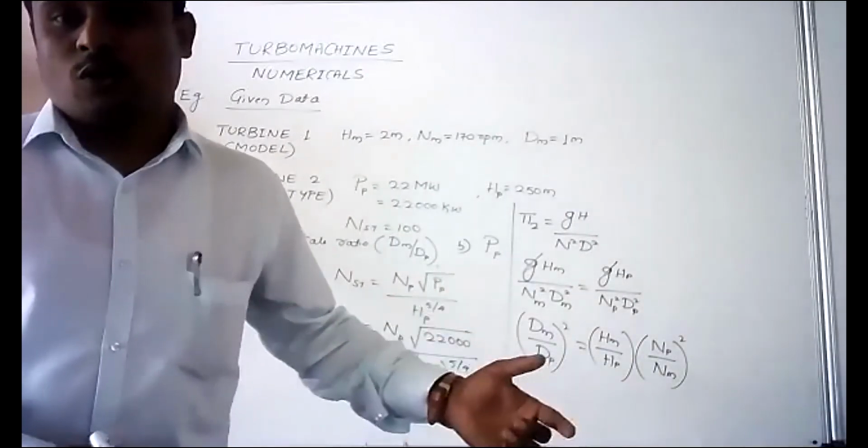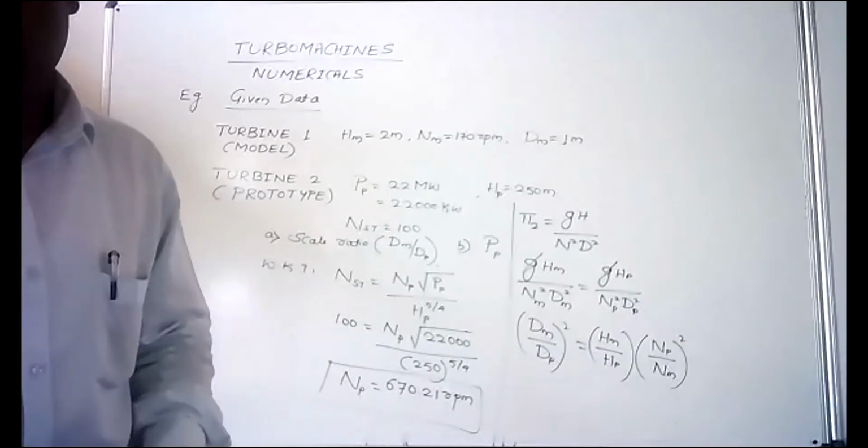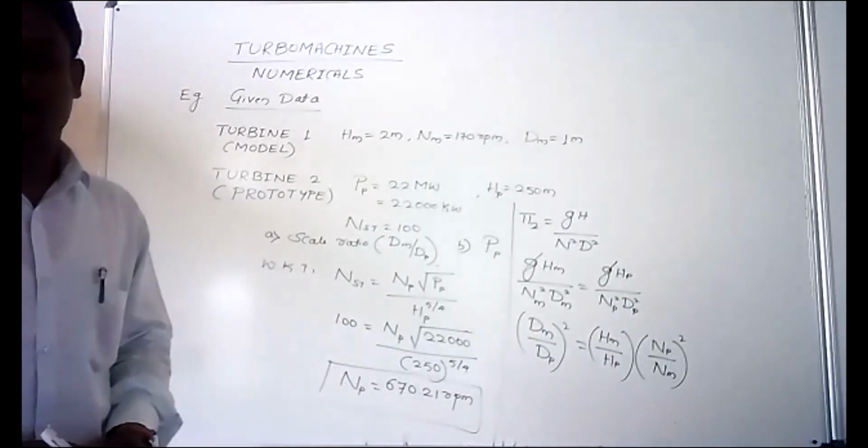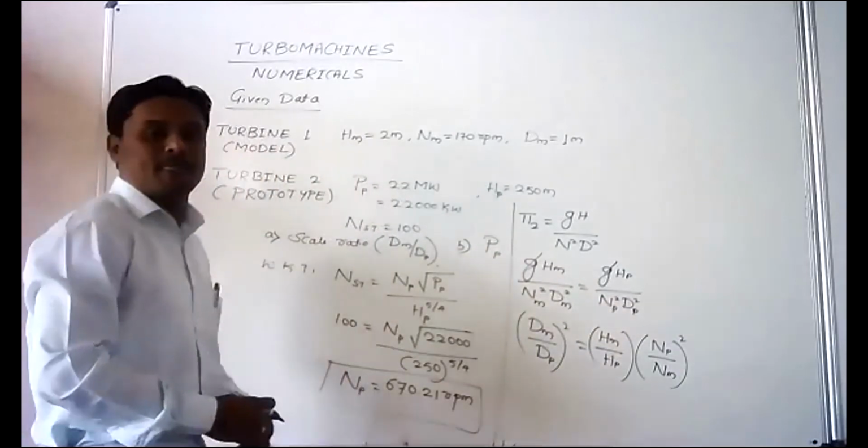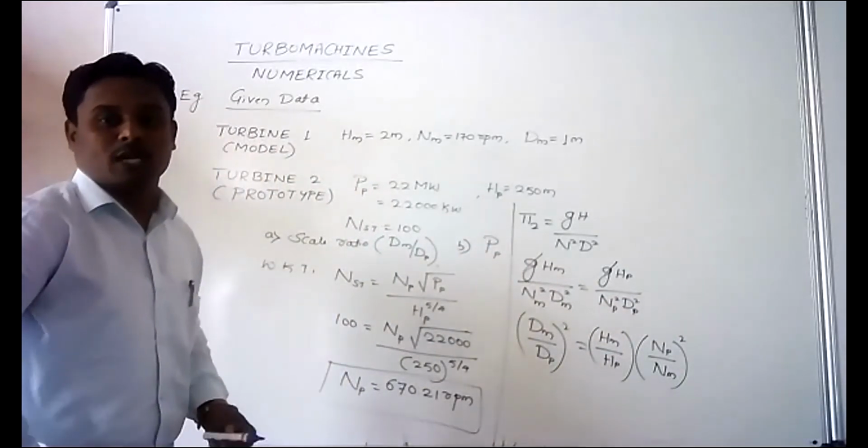You know all the values. So take the square root here and get the value of required scale ratio.